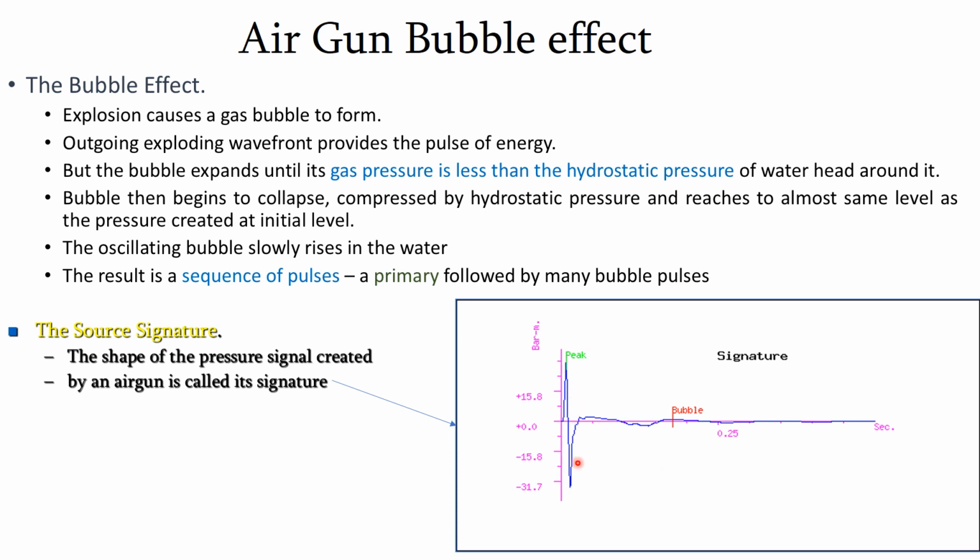The oscillating bubble slowly rises through the water, and we have a sequence of pulses: a primary pulse and a bubble pulse, where the primary pulse is dominant and the bubble pulse is effectively suppressed. The shape of the pressure signal created by the air gun is called the signature. Theoretically it is called the air gun signature and the bubble effect.